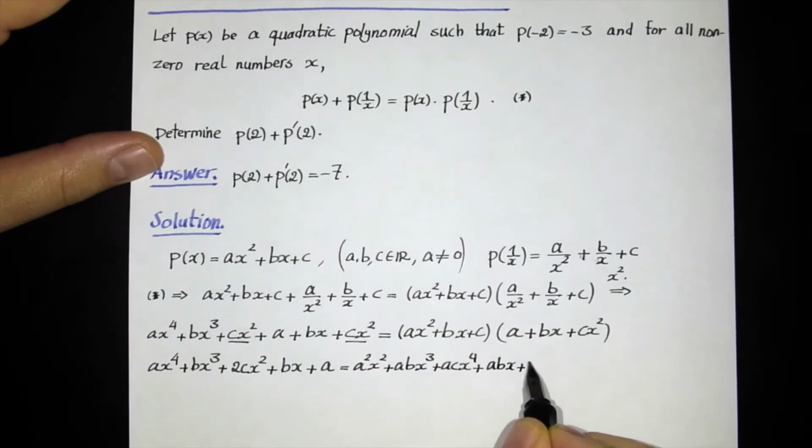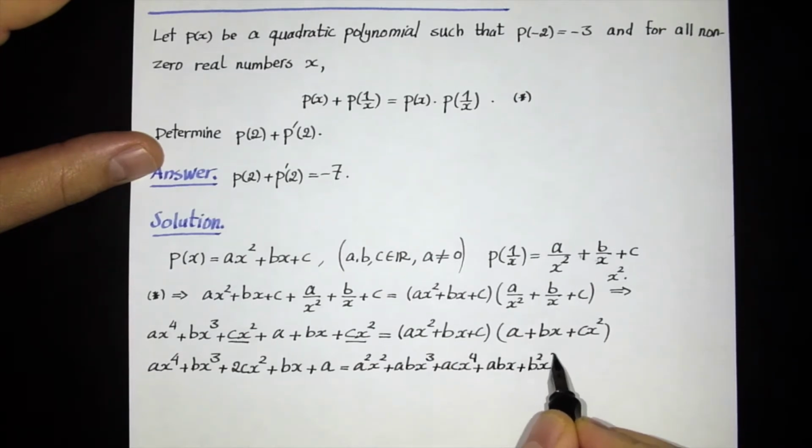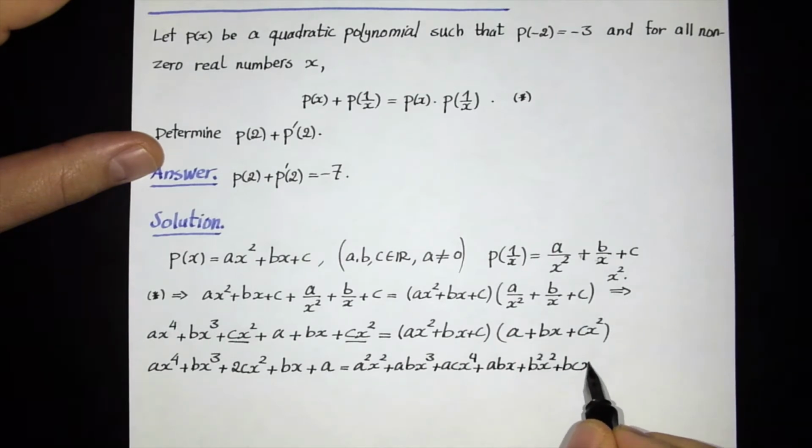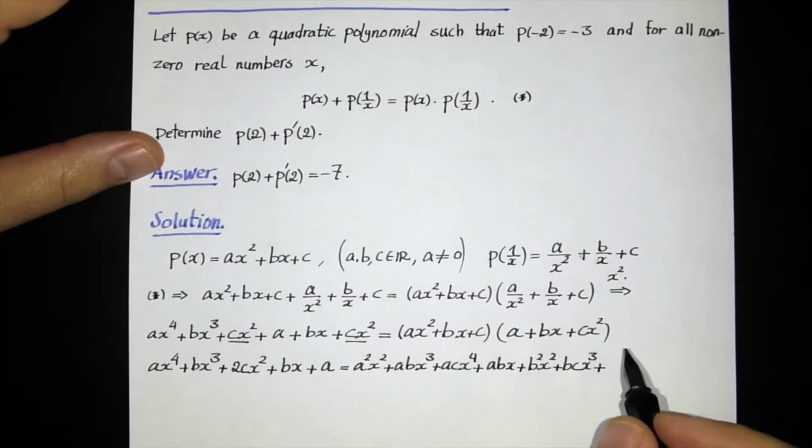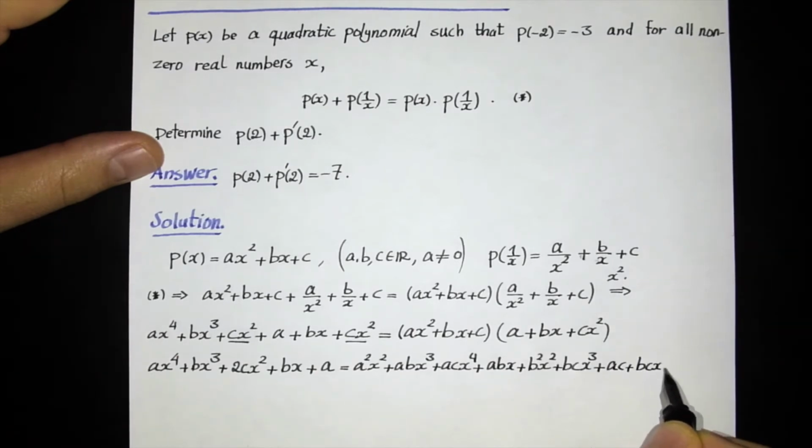The next one becomes b squared x squared, the next one becomes bcx cubed. And then finally I will go and take the last term and multiply it on all of them. So this becomes ac plus bcx plus c squared x squared.